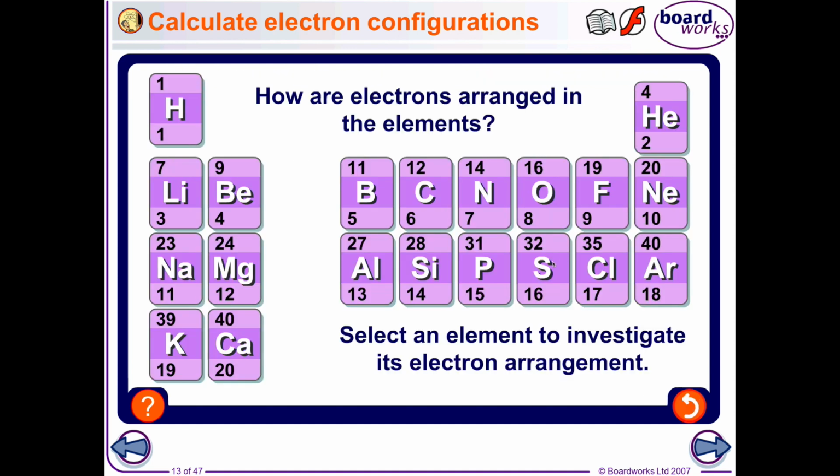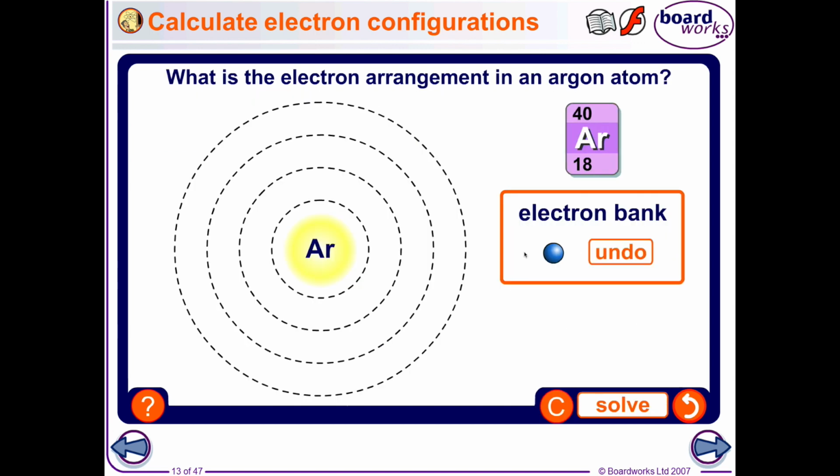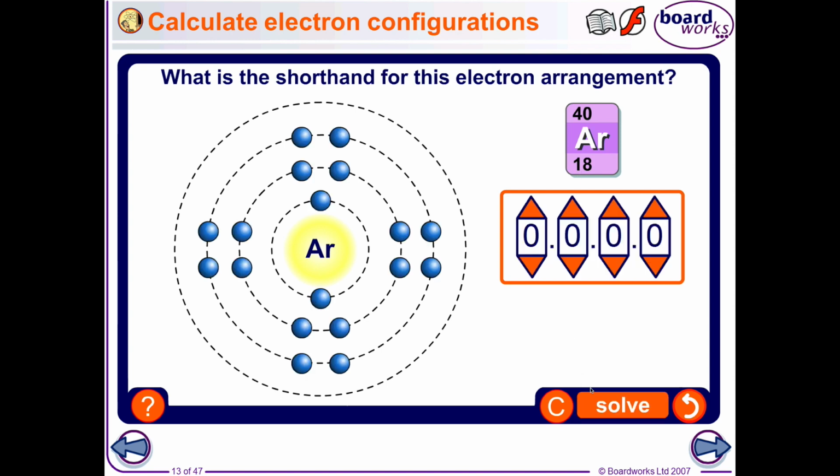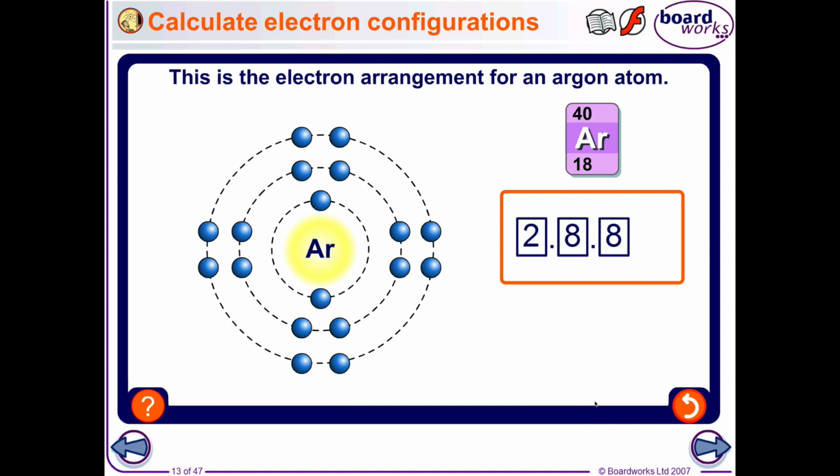Right, if we look at another example, argon. Argon has 18 electrons according to the number on the periodic table, so therefore I'm going to put 2 in the first shell, then I'm going to put 8 in the second shell, and then a further 8 in the third shell will get me my 18. And all you've got to try and do when you do this is total up the numbers and add them together. 2 plus 8 plus 8 must give me 18, and it does.